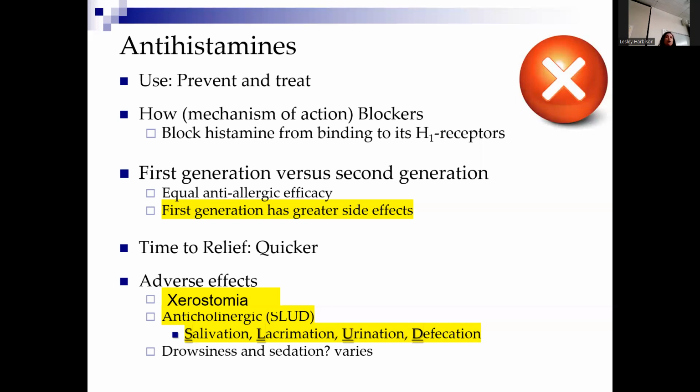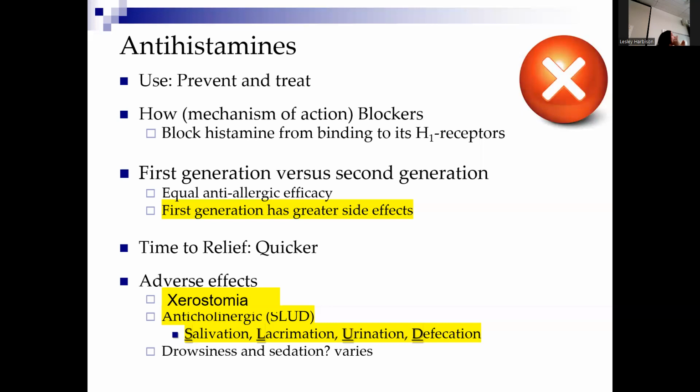So anticholinergic means that all of these things, so think about cholinergic is your parasympathetic, and it's when you're relaxed, right? Rest and digest. If you're digesting, you're pooping. If you're eating and you're enjoying your food, you're salivating. So those are things that can help you memorize.